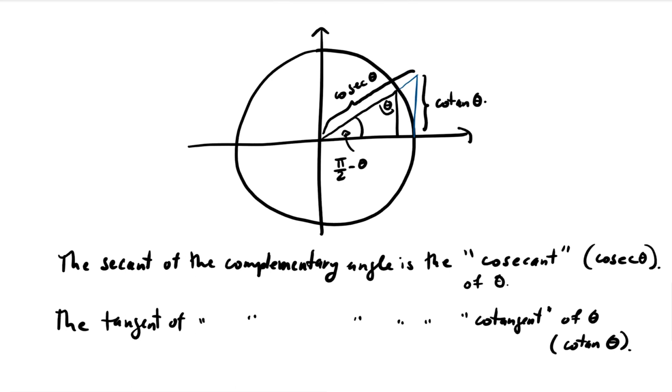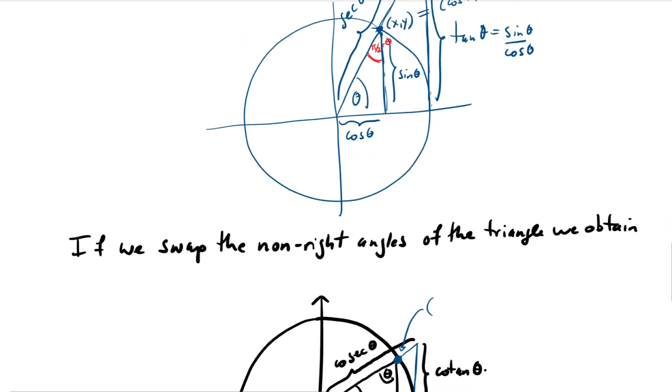Now, I'll add here, at this point we've swapped the angles. By swapping the angles, we're also going to swap the coordinates. Essentially we're reflecting this point across the line y equals x.